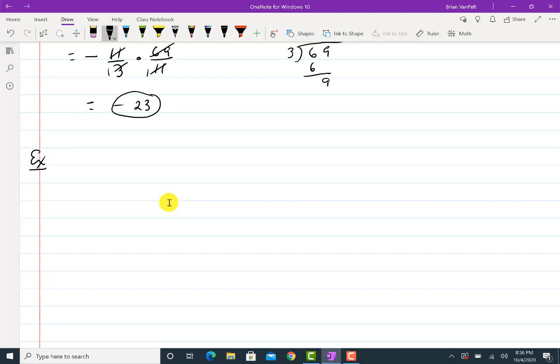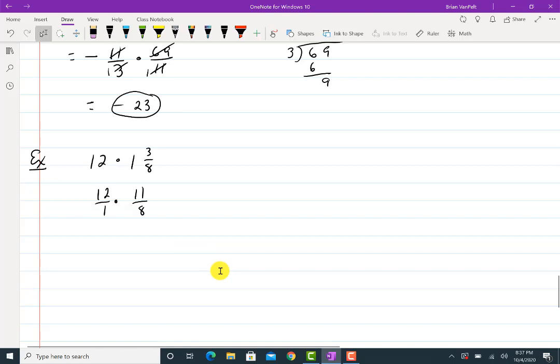Next, 12 times 1 3/8. Once again, I'll change this mixed number to a fraction. 1 times 8 is 8 plus 3, so I get 11 over 8. To make this 12 work with us, I'm going to rewrite it as 12 over 1.